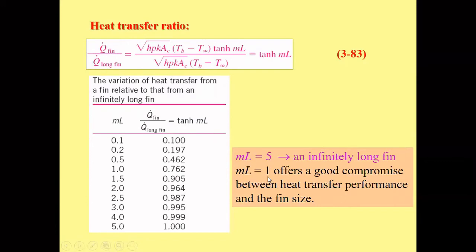If you have mL equal to 5, this is the case where you actually have a very, very long fin.